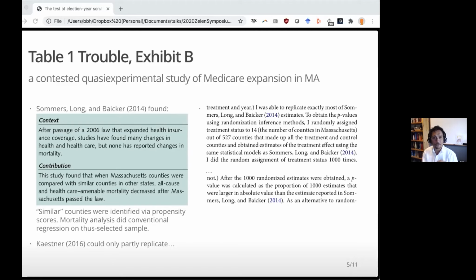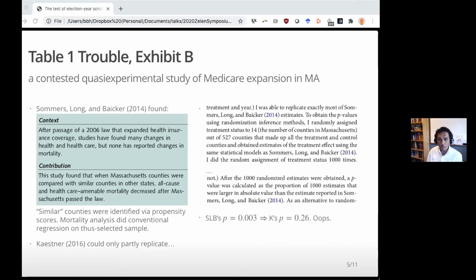A comparison of the real coefficient to those quasi-coefficients ought to replicate the answers of the original analysis that was published. And Kessner reports that this analysis of his did not achieve that replication.